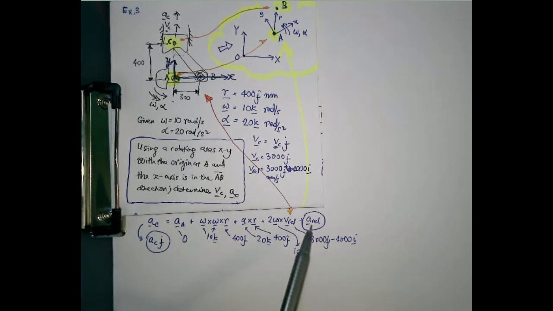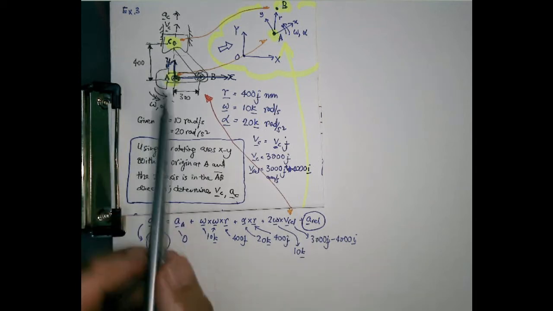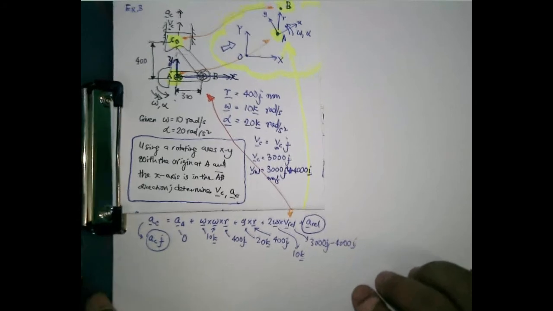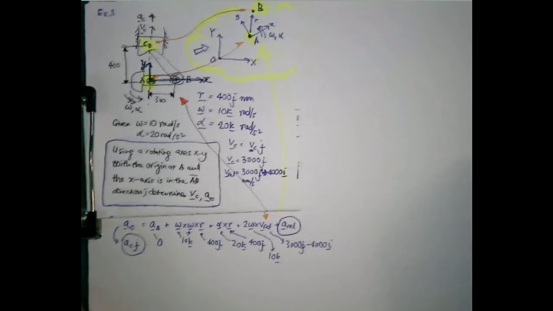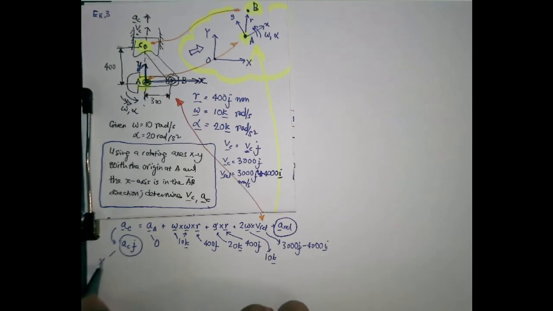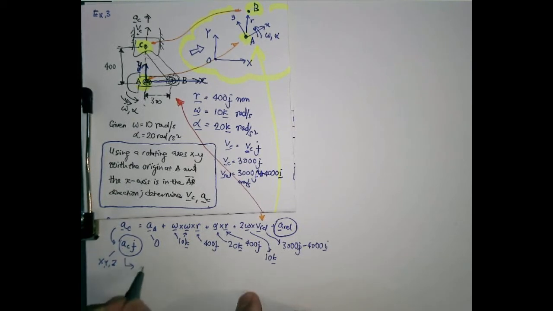We cannot solve A relative directly, but we know how to calculate AC using the relative, because AC is measured via X, Y, Z, the global coordinate system. So we can say that acceleration AC relative to A, which is fixed, is equivalent to AC relative to B plus B relative to A.